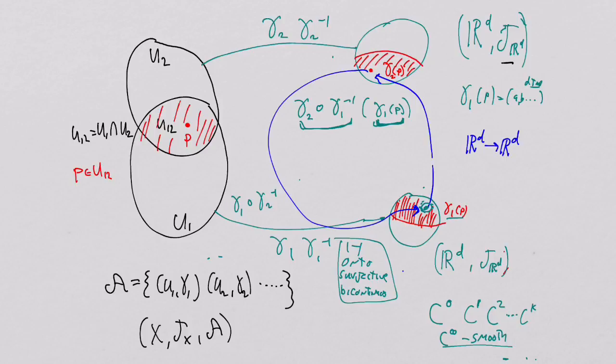The way we're using it for our discussion here is if the transition functions are smooth, if they're infinitely differentiable as functions from RD to RD, which is what they are, then you now have a differentiable manifold, which is better than the topological manifold.